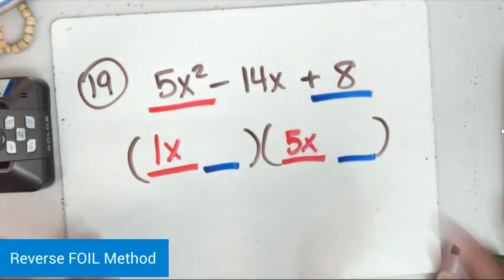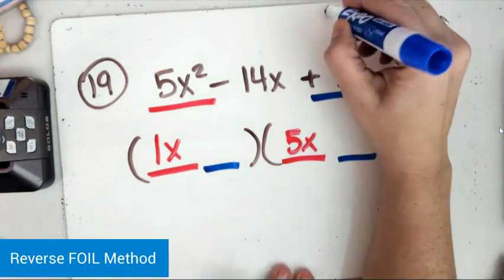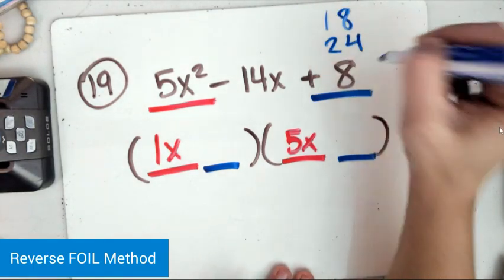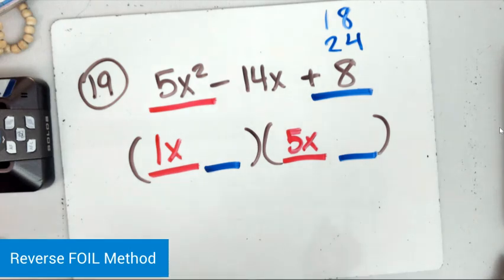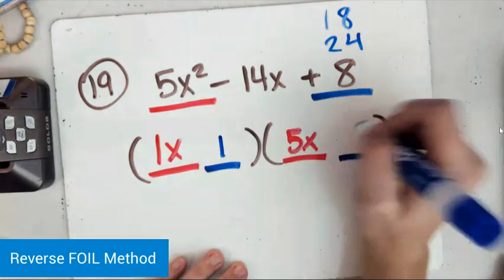You could do 5x and 1x. All right, now we have 8. We've got options. So we have 1 and 8 and 2 and 4. I've heard other teachers say the same thing. We can try 2 and 4 because they're closer, but that does not promise that it's going to work. You know what? Let's just do 1 and 8 just so you can see what failing looks like.